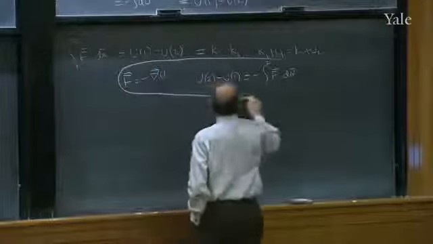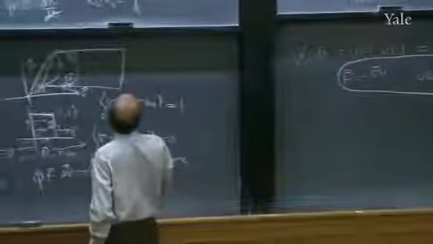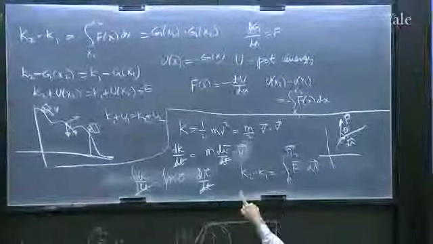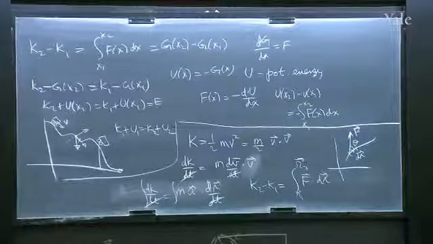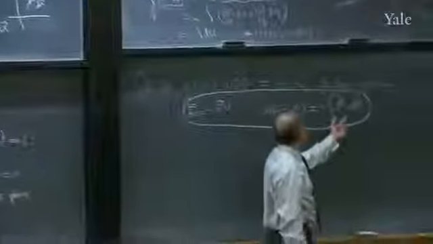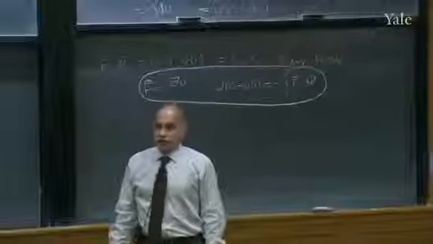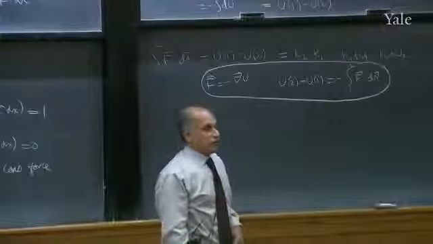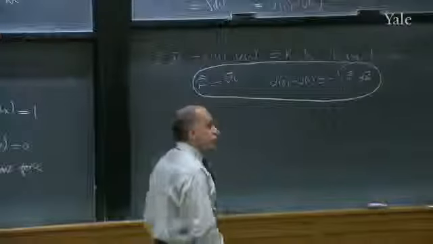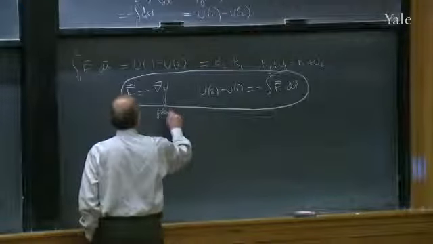This is the 2-dimensional generalization of something I wrote in 1 dimension somewhere, way on the top, where f is equal to minus du dx, and u(x2) minus u(x1) is minus the integral of f. The only difference is the integral has become this f dot dr rather than fx dx. So you can get conservation of energy in higher dimensions for those forces that come from a potential. U is called the potential energy.